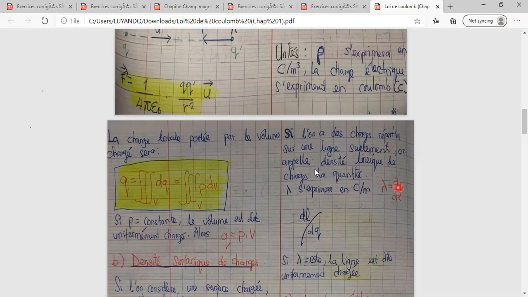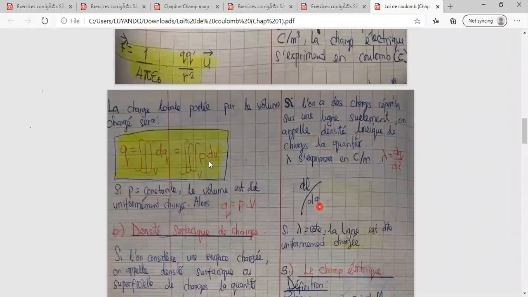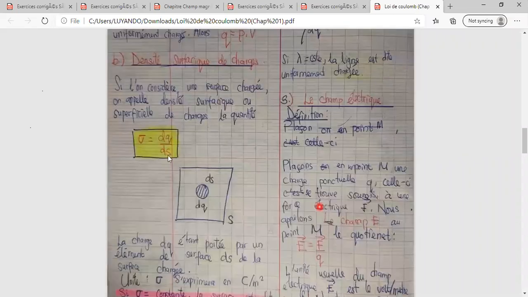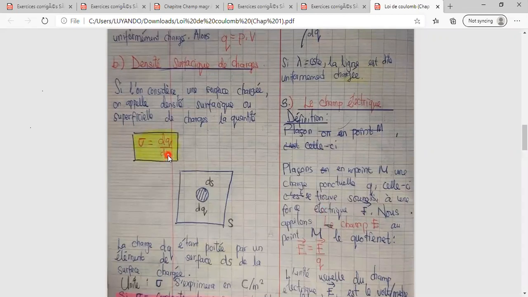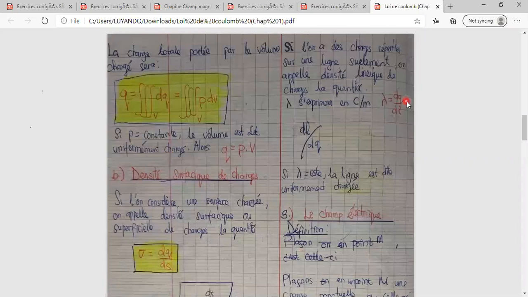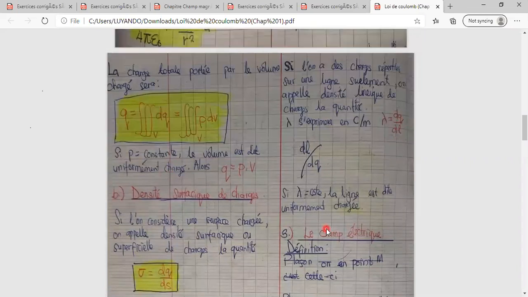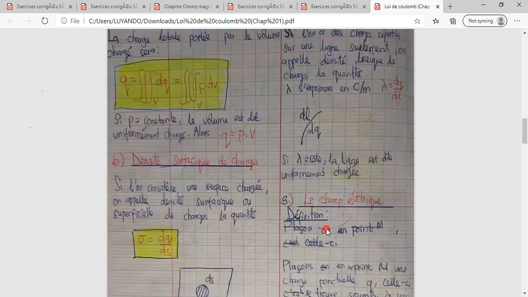So we have rho equal to dq over dv. We have this one equal to dq over ds when you're trying to find it along a certain surface area. And then we have this equal to dq over dl. So am I clear?